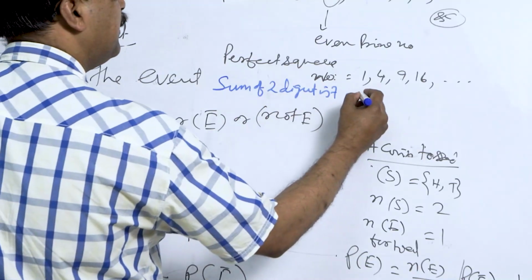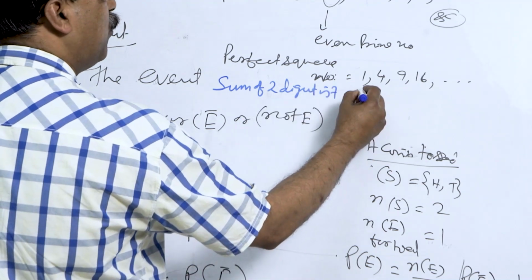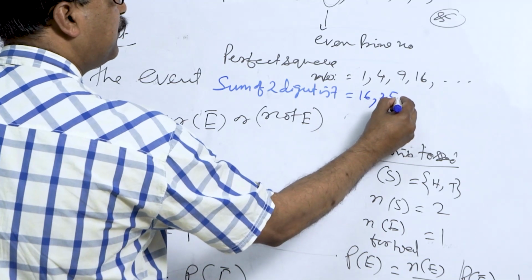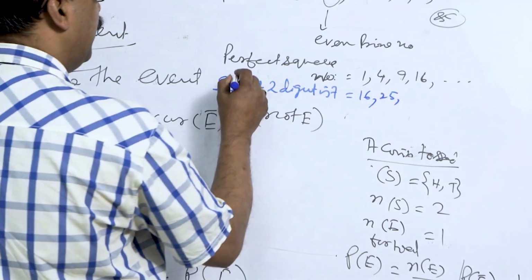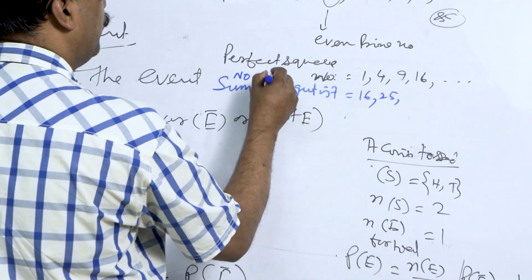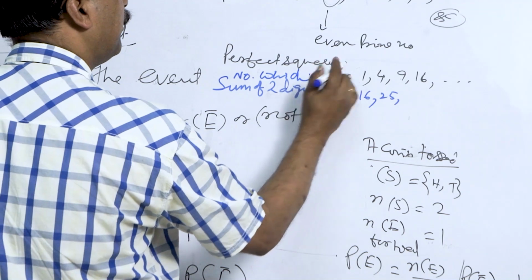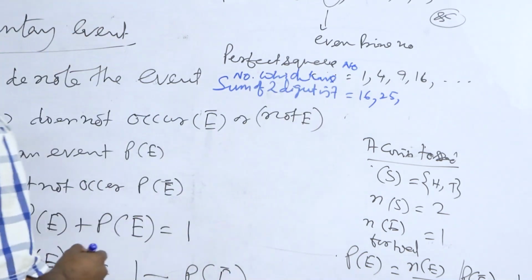So start from 1: 1 plus 6 is 7, 2 plus 5 is 7, 3 plus 4 is 7.